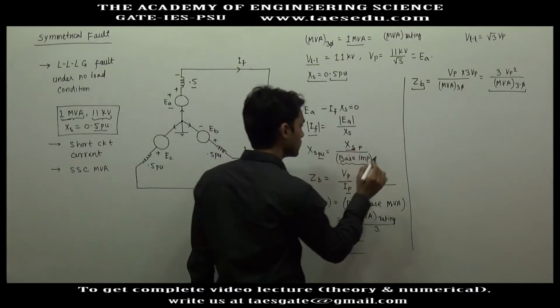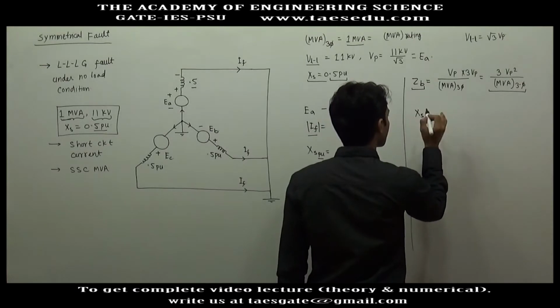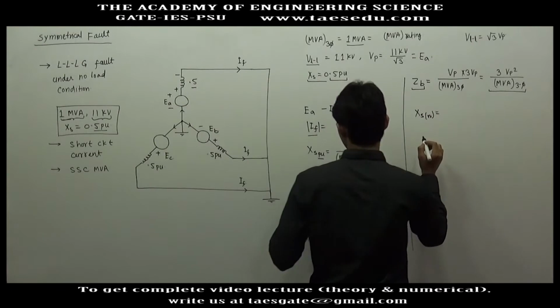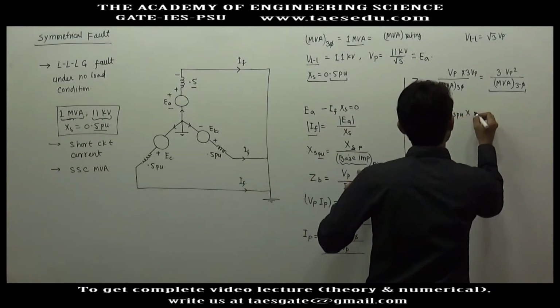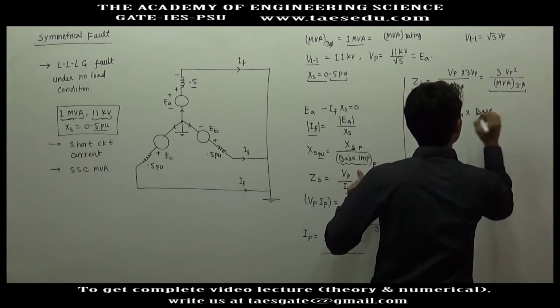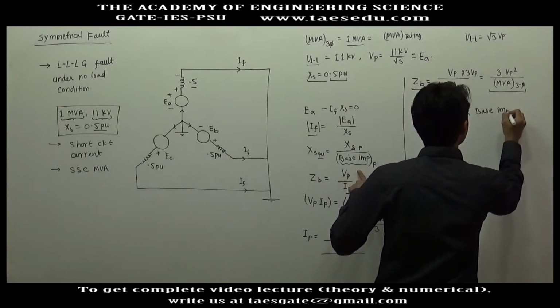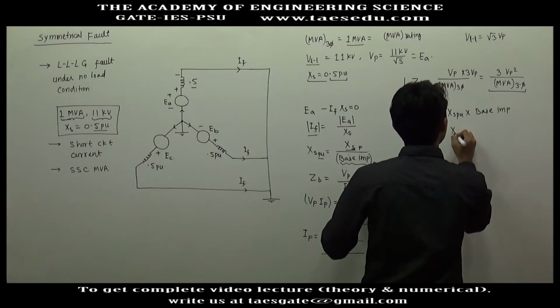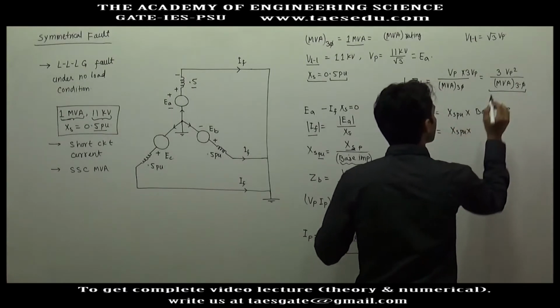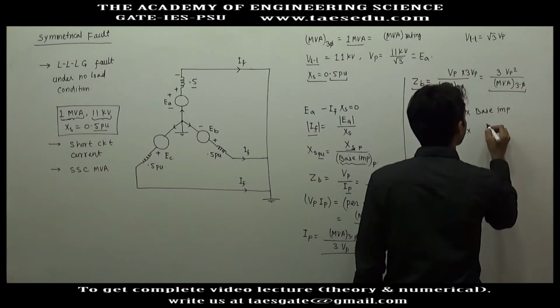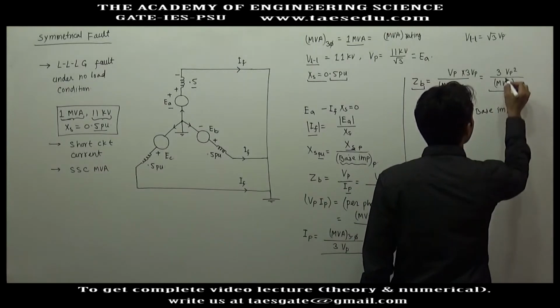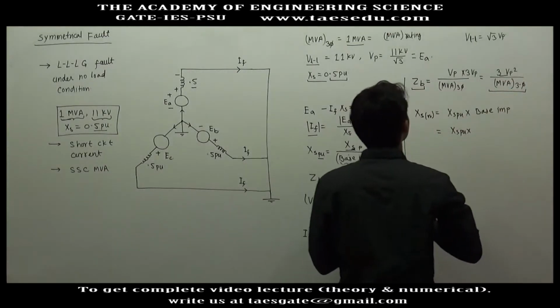So the ohmic value will be XS in ohm. This will be the PU value XS PU into base impedance. This is XS PU into base impedance, which is 3 Vp square divided by MVA. And what is 3 Vp square?